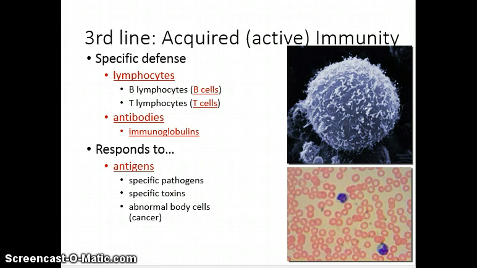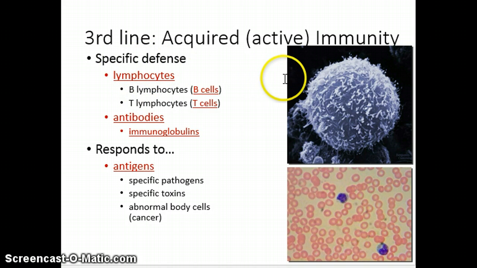So how does the B cell respond to an infection? It actually takes about 10 to 17 days for a full response to an infection. So it's not a quick process. So this is a first-time infection by a foreign antigen or invader. And so what's going to happen is the B cells are going to notice this invader.